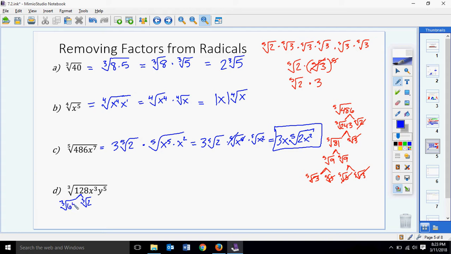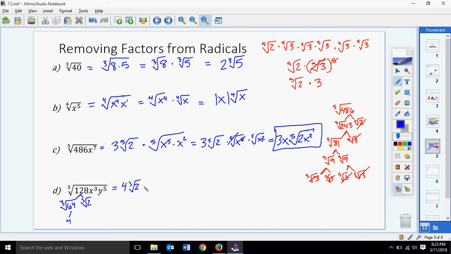So the cube root of 64 times the cube root of 2 would give me back the cube root of 128. Now, 64 is a perfect cube. It breaks down into 4, which means 4 times 4 times 4 would give me back 64. So just the number part can be written as 4 cube roots of 2.